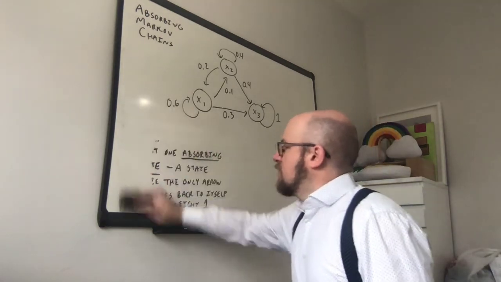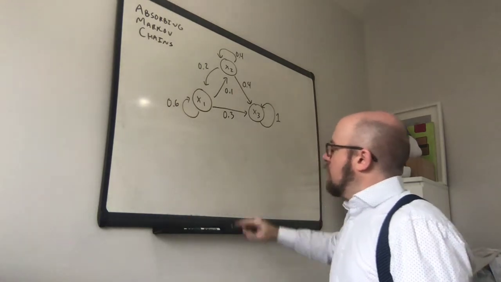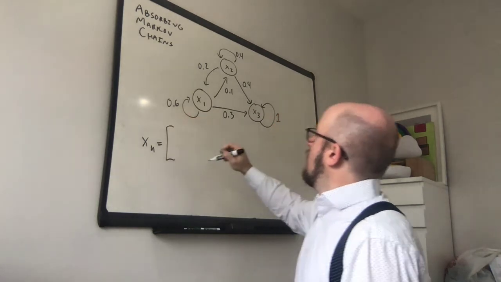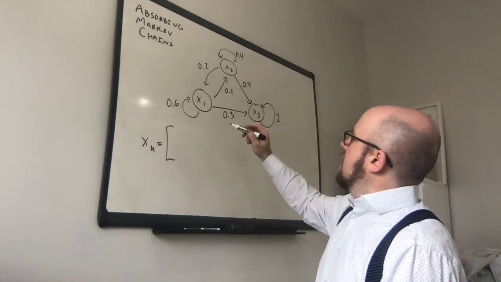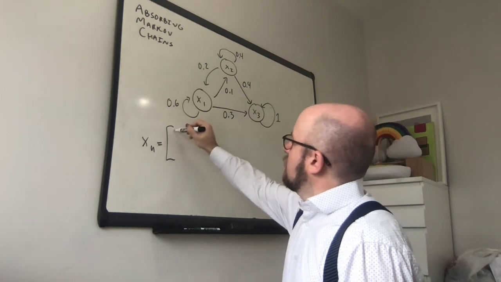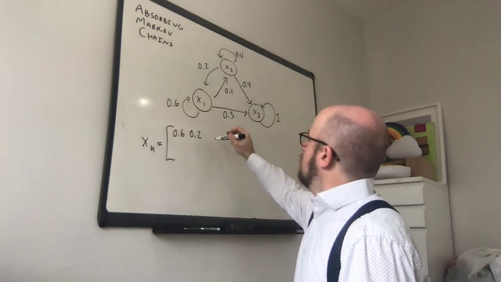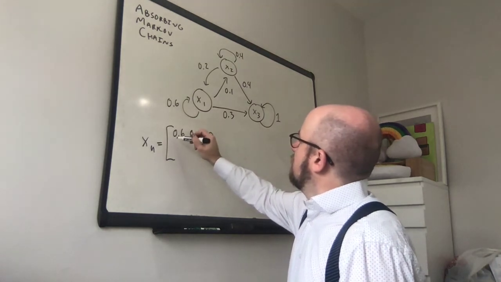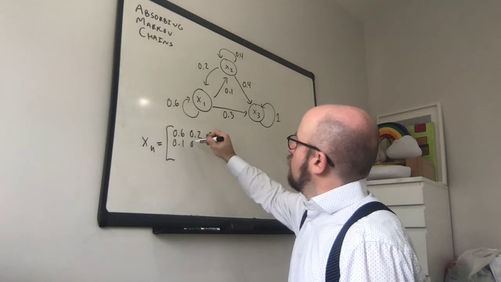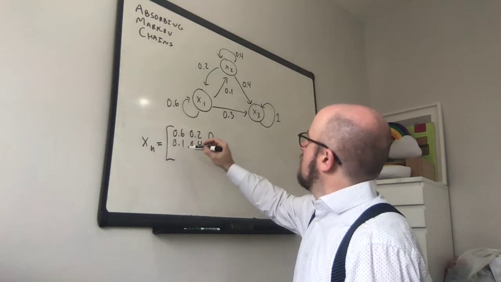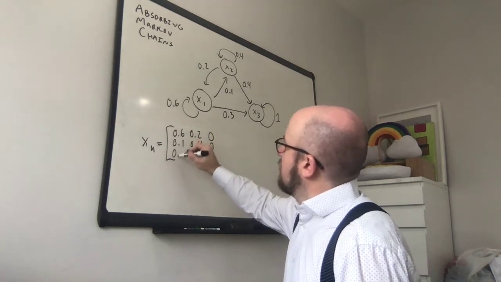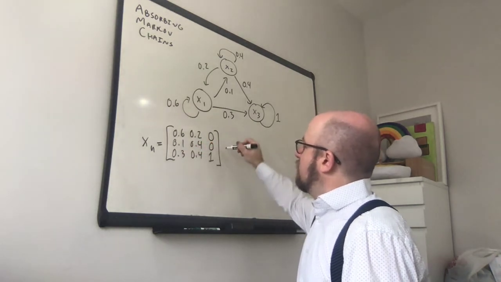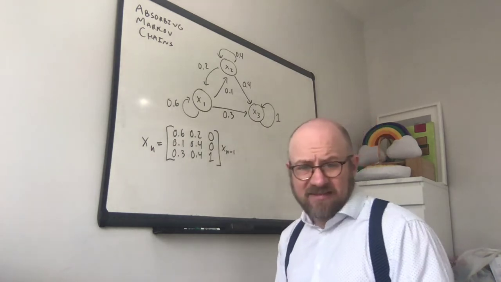If you look at setting this up, x sub n equals our matrix: x sub 1 is 0.6, 0.2, 0; x sub 2 is 0.1, 0.4, 0; and x sub 3 is 0.3, 0.4, 1. So our matrix A looks like this.